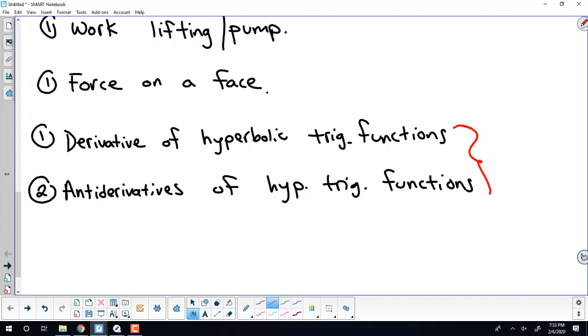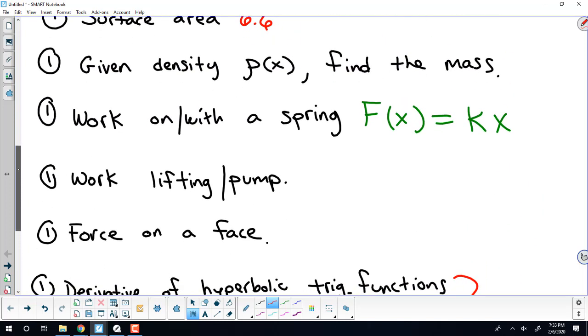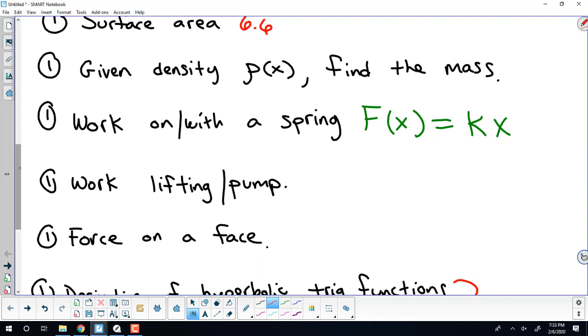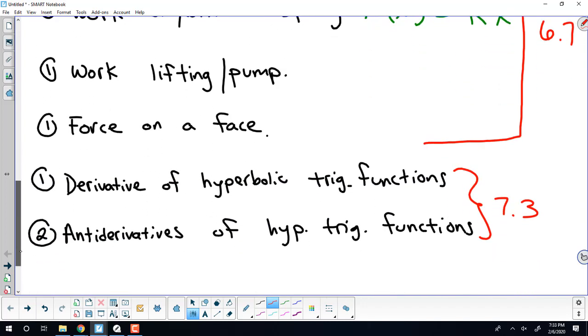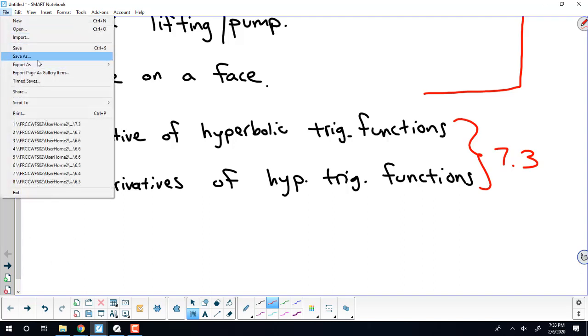Of course, that's 7.3. These are from 6-7, all of these. So that's the makeup of the exam, just so you can have an idea of what I'm looking for, what I'm testing over. Hopefully that's somewhat helpful. But does anyone have any initial questions on that? I'll post this to G2L.